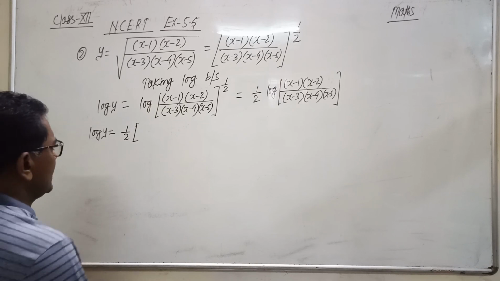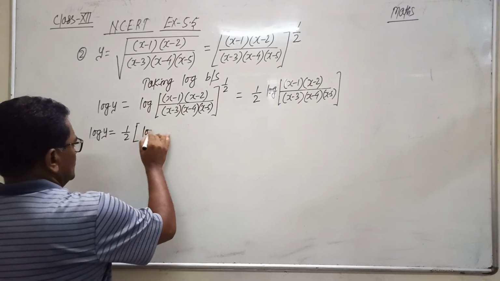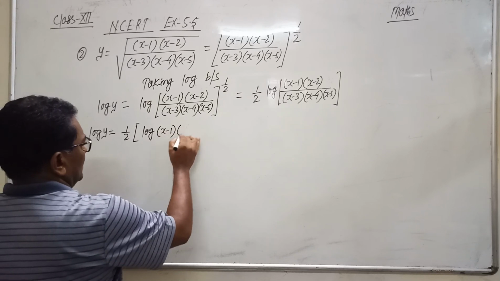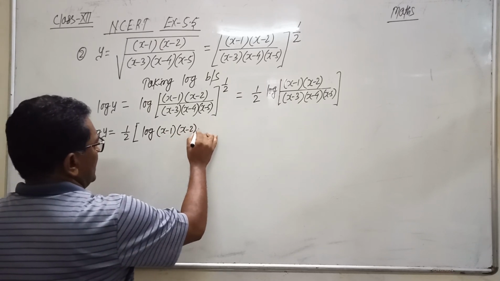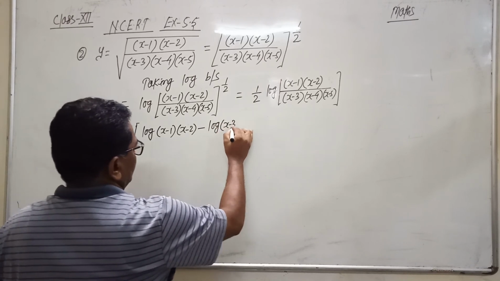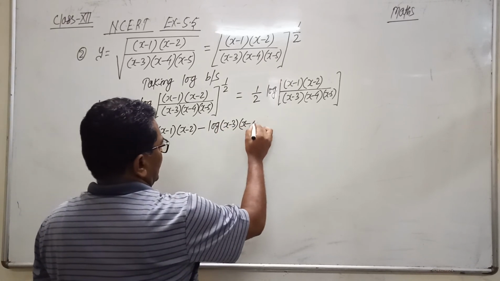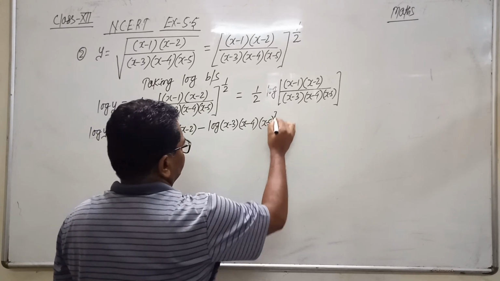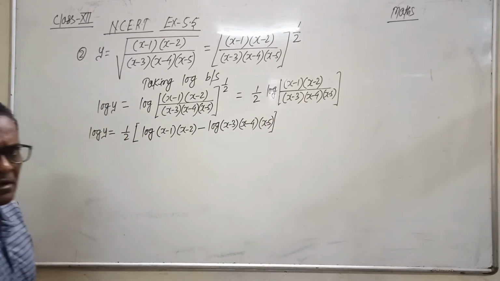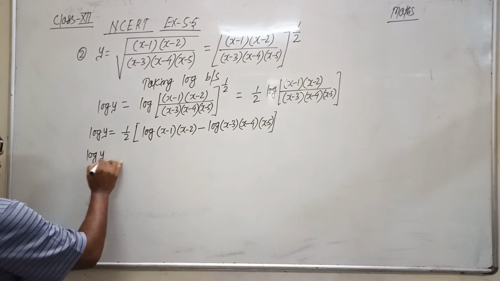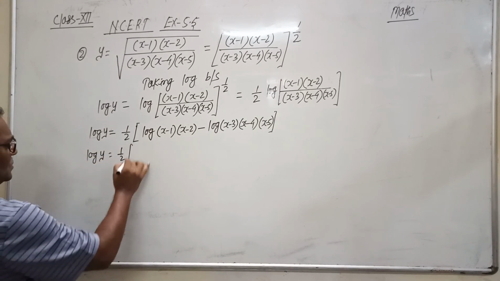So log a by b is equal to log of a minus log of b, log of (x minus 3)(x minus 4)(x minus 5). Now log y equals 1 by 2.